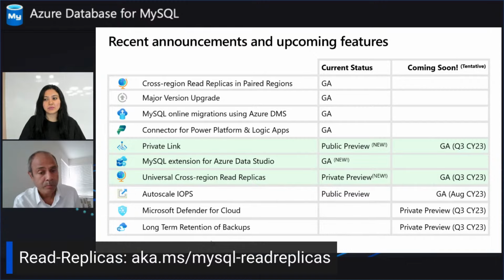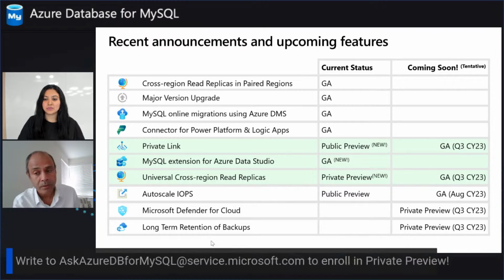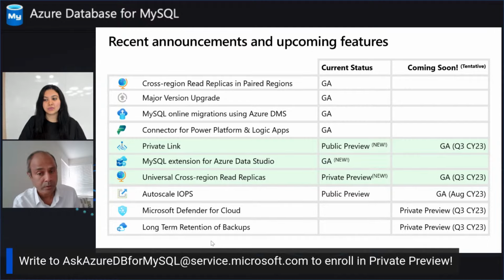Currently the universal one is in private preview, and we plan to have the GA sometime in Q3. The user experience would be the same: the way you provision a read replica in the paired region, it will be the same experience for the non-paired region.